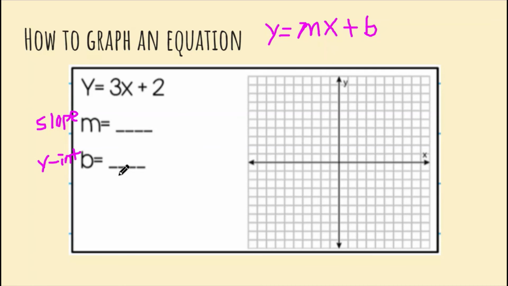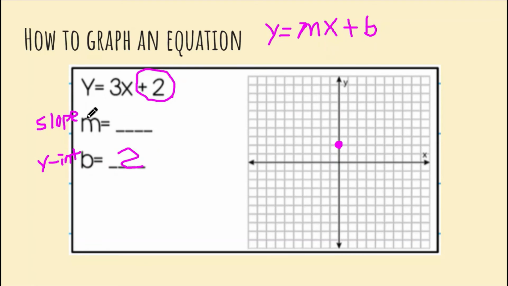And that's always the number being added or subtracted at the end. So my b in this equation is right here. It says +2. So I can graph that on my coordinate plane, and I do that by putting a dot on 2 on the y-axis, because it told me it was a +2.